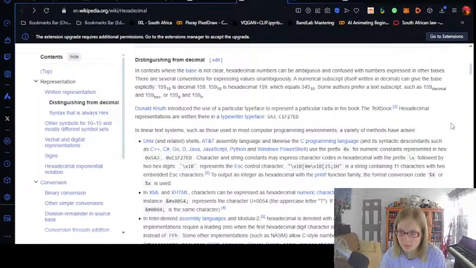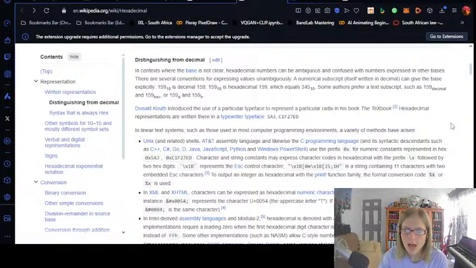A numerical subscript itself written in decimal can give the base explicitly. So for example, we have 159 with subscript 10, then that tells you we're using decimal. Where it says 159 with subscript 16, it means we're using base 16, or hexadecimal, and that the number 159 is hexadecimal.